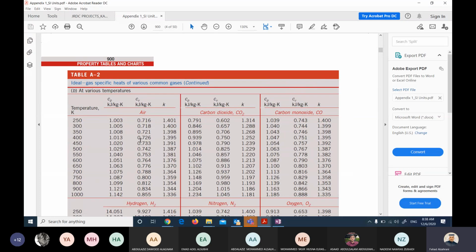I have 300 Kelvin, I can find K here, and then at 650, I can find K here, and then take the average. Some other person will say, I will take the average temperature, 300 plus 650 over 2, and then take the K. That's also possible, but since we have it directly evaluated at 300 and 650, it's easier to take it here and then take the average after that.